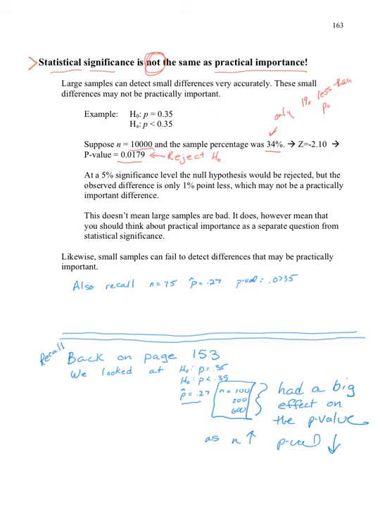So if there's a difference that a researcher believes is practically important, but the p-value was still large, it's because they didn't have a large enough sample size to detect what they feel is a practically important difference. So the better approach is for the researcher to determine what is practically important and make sure that they have a large enough sample size to be able to detect that difference.